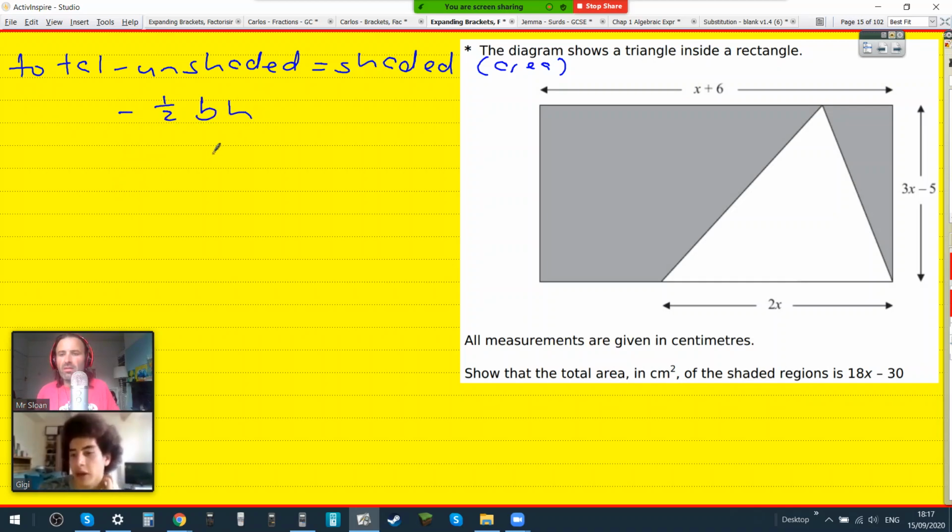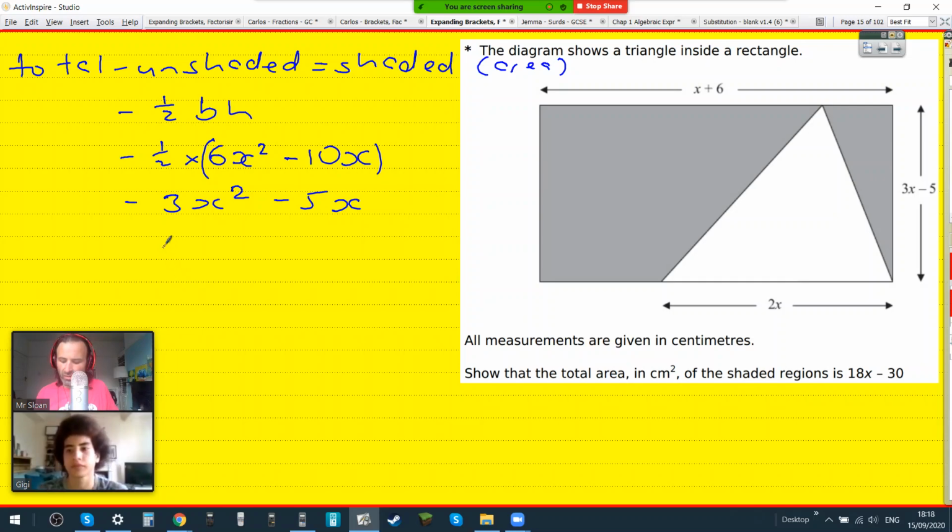Would 3x minus 5 be in brackets? Yep. So the 6x squared minus 10x. We would half them, so it'd be 3x squared minus 5x.